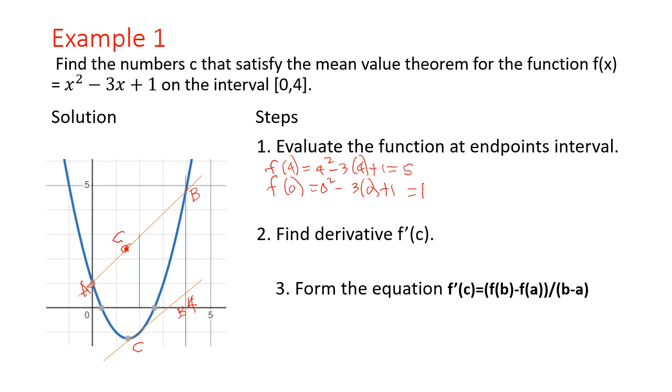We'll find the derivative f prime of c. The derivative of this one is 2x minus 3. So that one is f prime of c equals 2c minus 3.